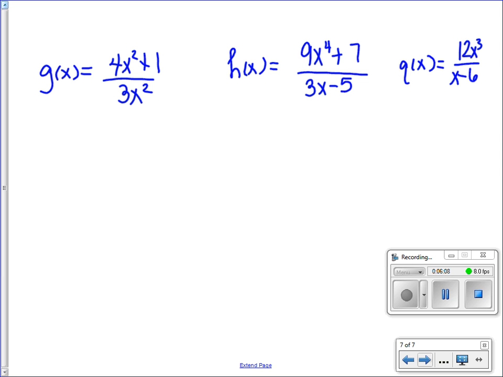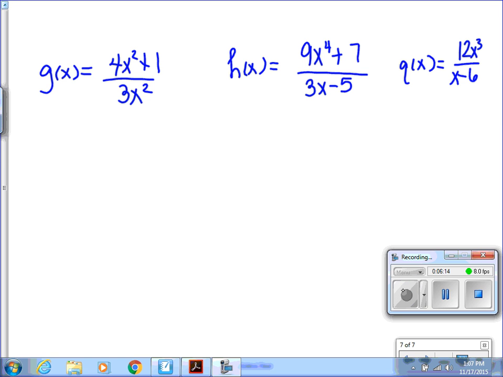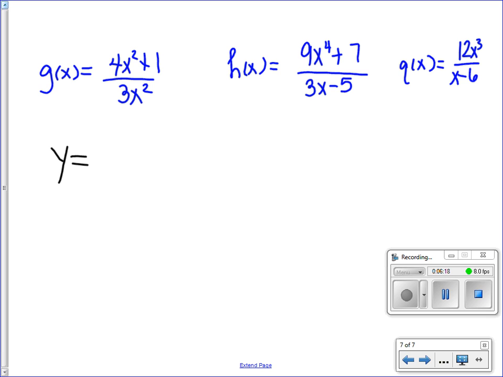Find the horizontal asymptotes of those three rational functions. G of x, what is it? Y equals 4/3. Don't forget, now this is something to watch for, especially on the test. On vertical asymptotes, it's x equals. On horizontal asymptote, it's y equals.